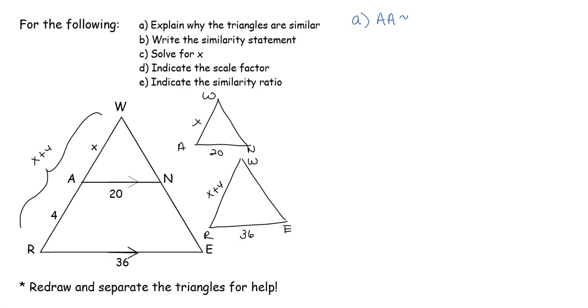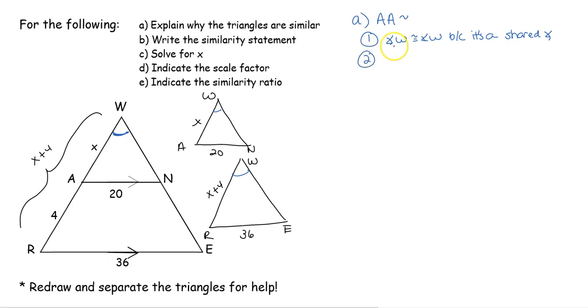We know that two angles are going to be congruent because angle W is a shared angle. It's the same angle W in both triangles. So the first angle we can say is angle W is congruent to angle W because it's a shared angle. So we still need two sets of congruent angles.